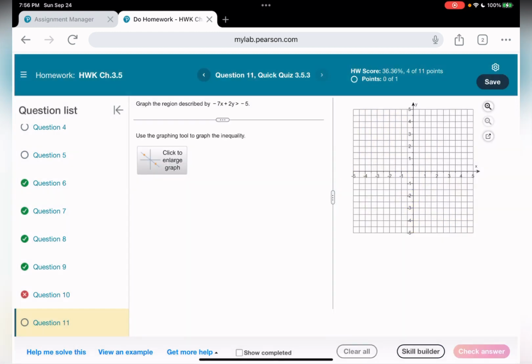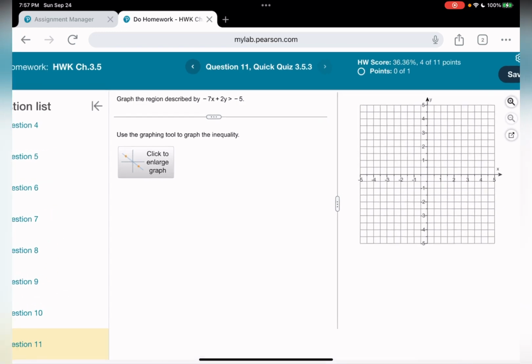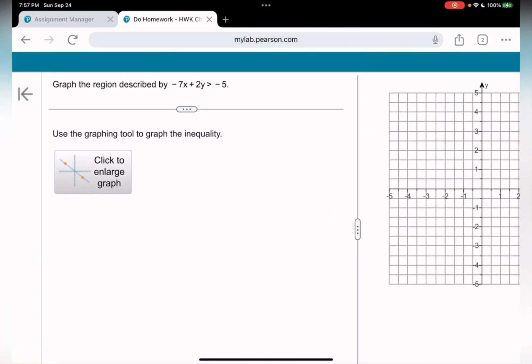What do they have for the last problem? Negative 7x plus 2y greater than or equal to negative 5. Let me write this down or take a picture of this one so we can solve. All right.